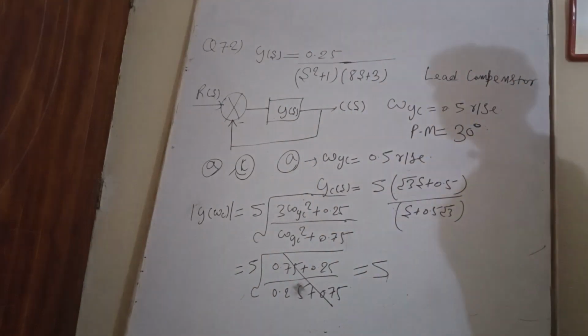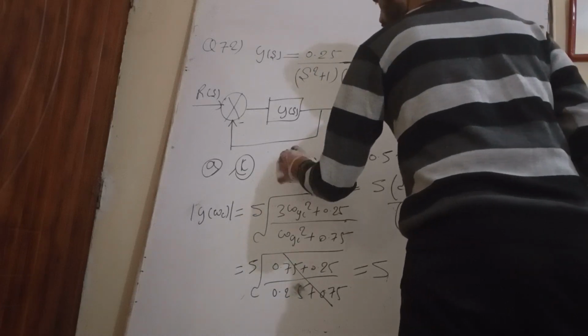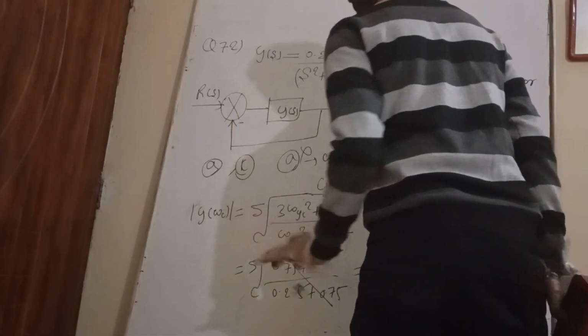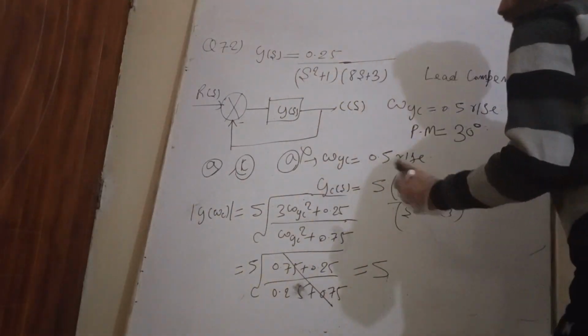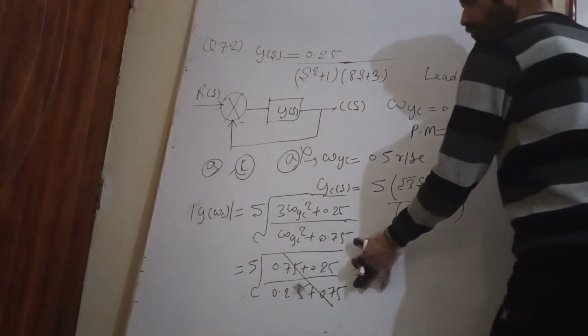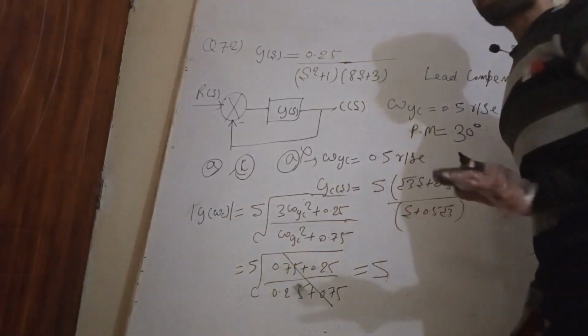So the magnitude is not coming unity, which means option A is not correct, and only option C is left. Let's check it as well.